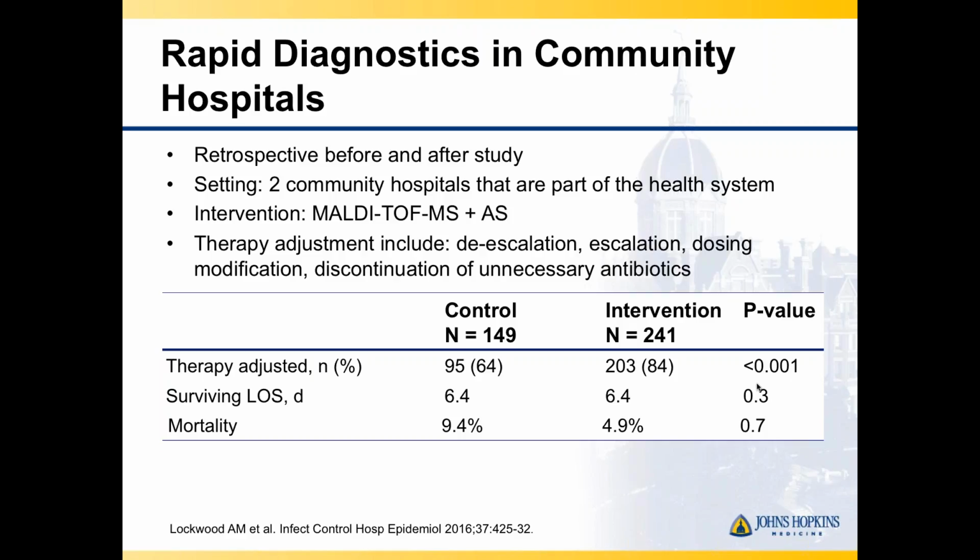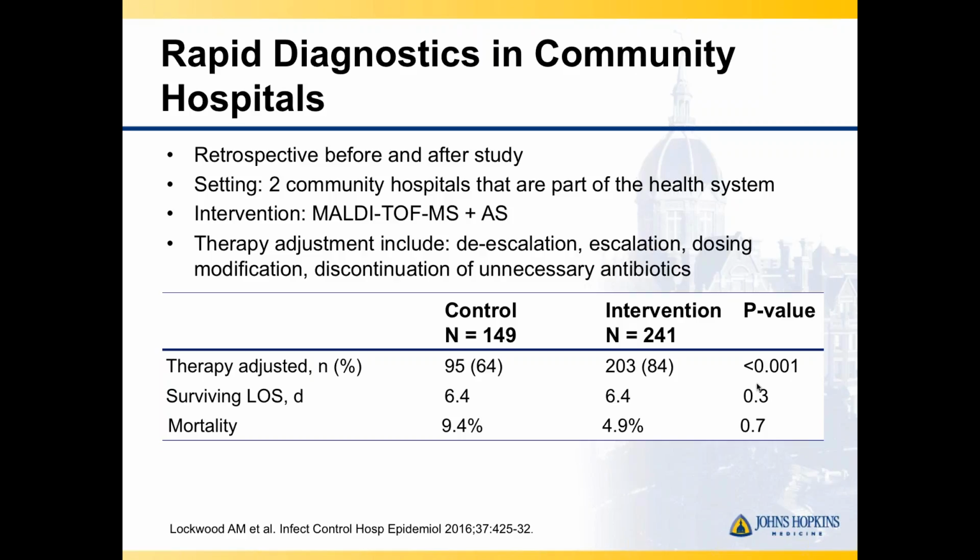So again, they looked at MALDI-TOF plus antimicrobial stewardship intervention, and their primary outcome was the adjustment of antimicrobial therapy. That included de-escalation of broad-spectrum agents, escalation of agents based on the results, dosing modification, and discontinuation of unnecessary therapy, meaning discontinuation of vancomycin if the patient had gram-negative bacteremia, or discontinuation of gram-negative coverage if patients had MRSA.